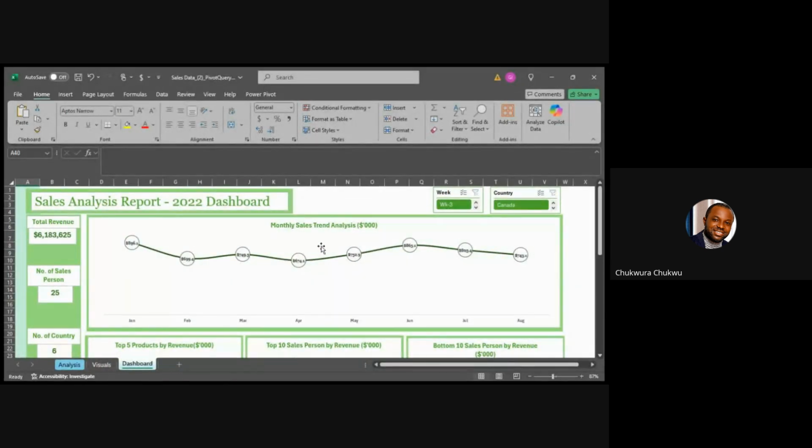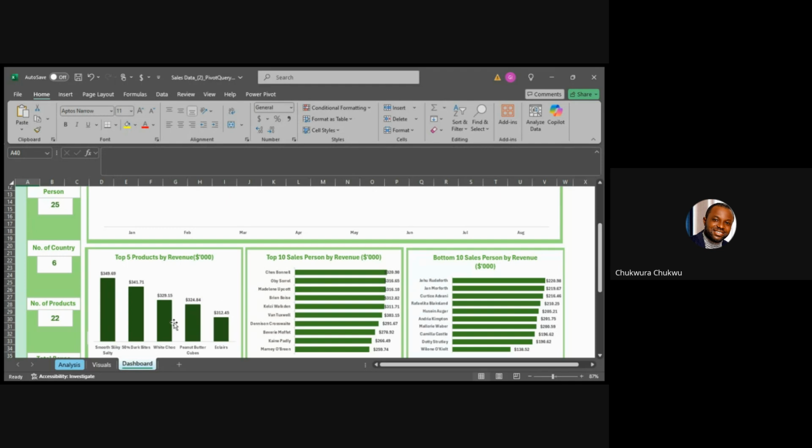From the chart, you could see that the numbers are in thousands. Then followed by June with $865.1 thousand. And we could also see that the lowest sales happened in April, at $674.1 thousand.